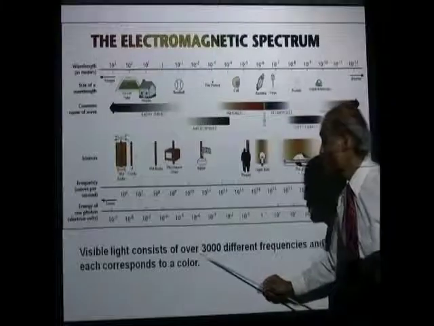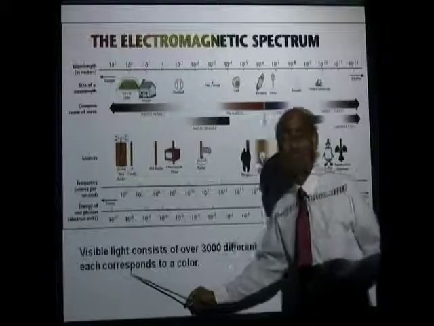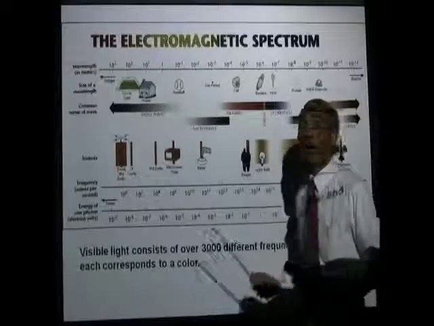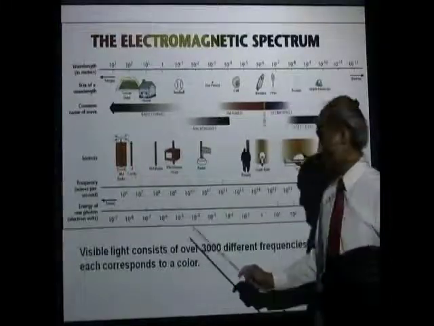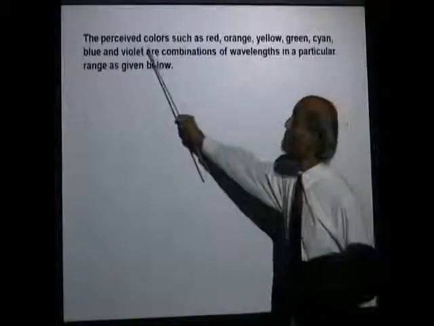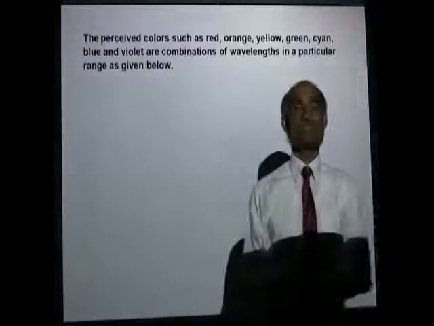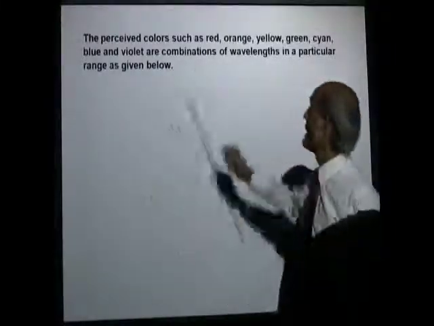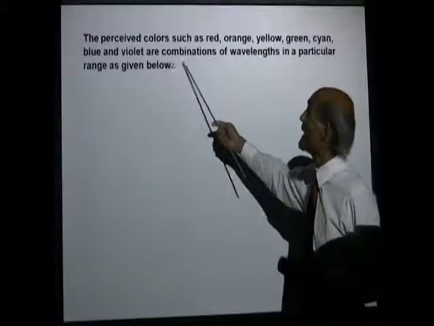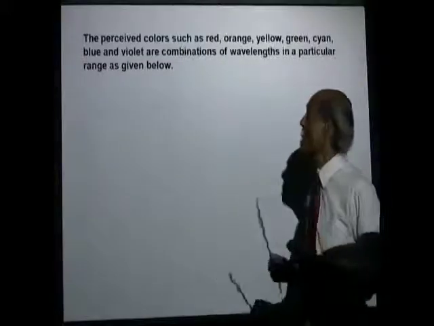Visible light consists of over 3,000 different frequencies, and each frequency corresponds to a color. So how many colors are there in our visible light? There are over 3,000 different colors. Very often people talk about 7 colors, the rainbow colors. The perceived colors, like red, orange, yellow, green, cyan, blue, and violet, are actually combinations of many hundreds of wavelengths.